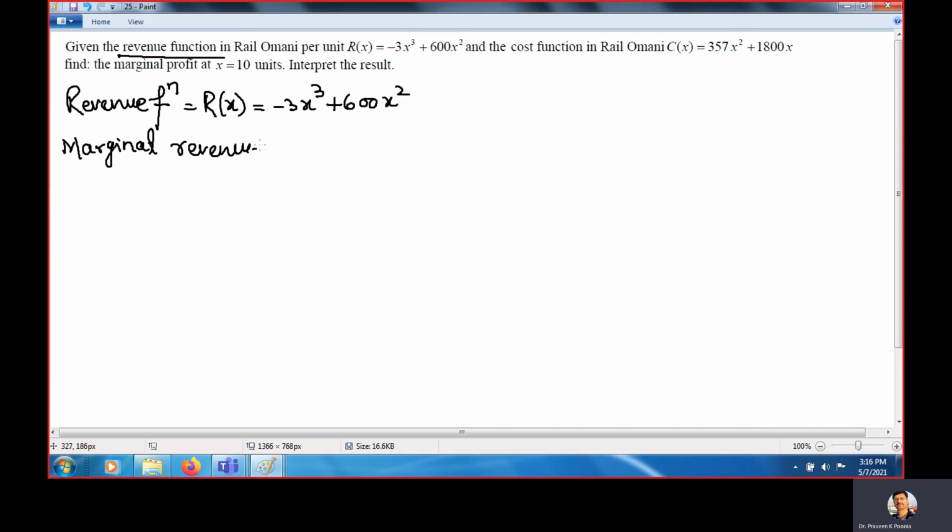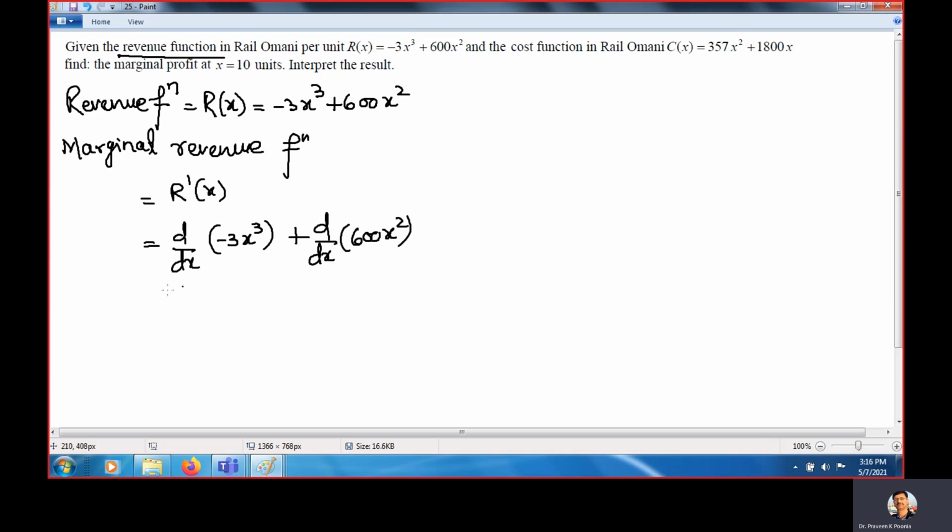Marginal revenue function is R dash x. R dash x means d by dx of minus 3x power 3 plus d by dx of 600x power 2. Evaluate: minus 3x power 3 gives minus 9x power 2, plus 600 times the derivative of x power 2, which is 2x, so 1200x.